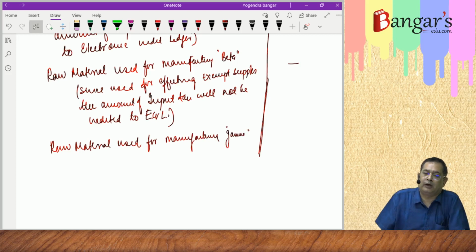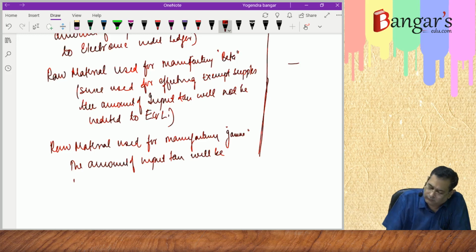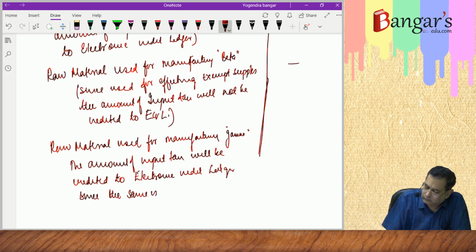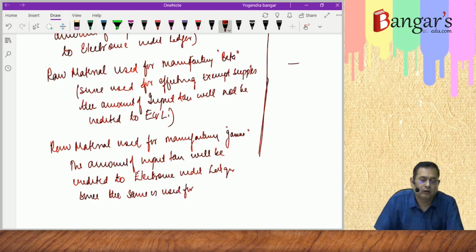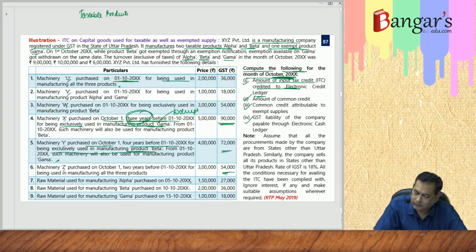The amount of input tax credit will be credited to the electronic credit ledger, since the same is used for effecting taxable supplies. So how much is it? It is 18,000 rupees.